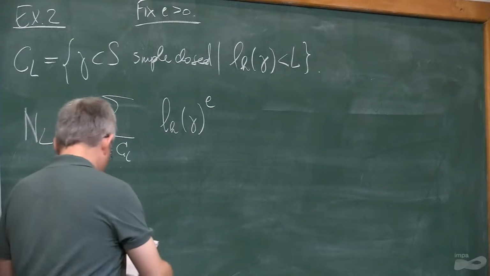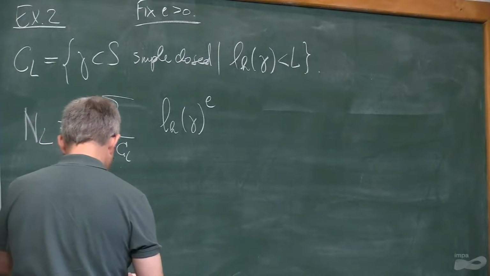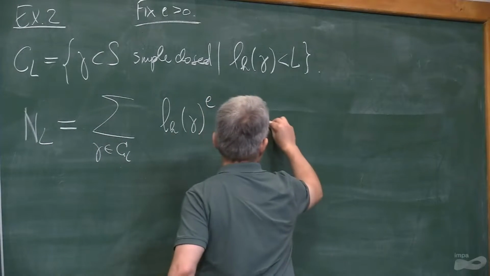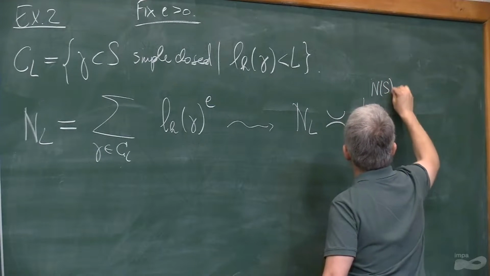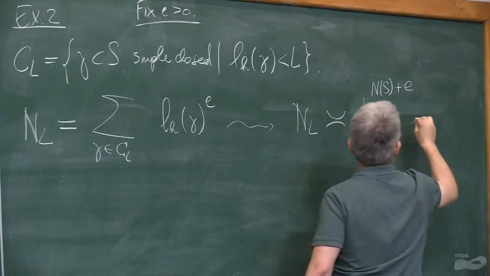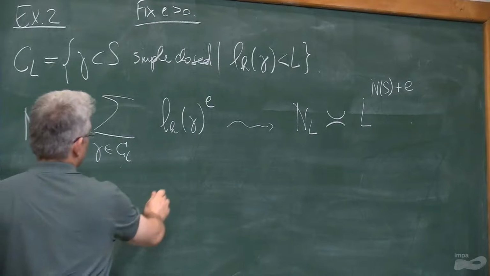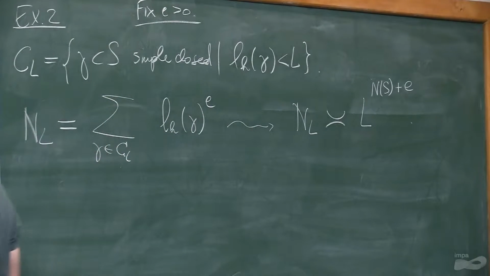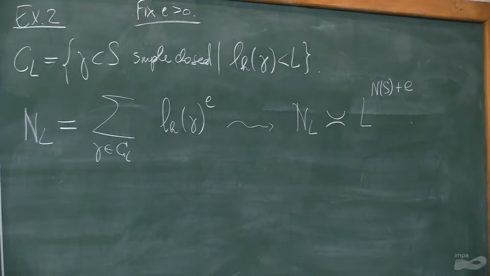And then, if one knows the solution of example 1a when counting simple closed curves, then it is not difficult to conclude that this goes as L to the ns plus E, where E is exactly this power. We will see later why, but this is very easy. I can leave it as an exercise using 1a.